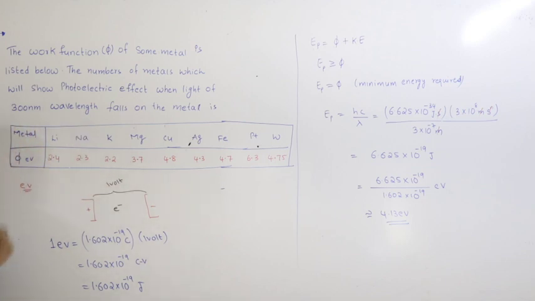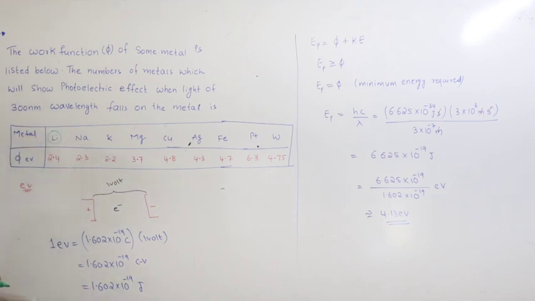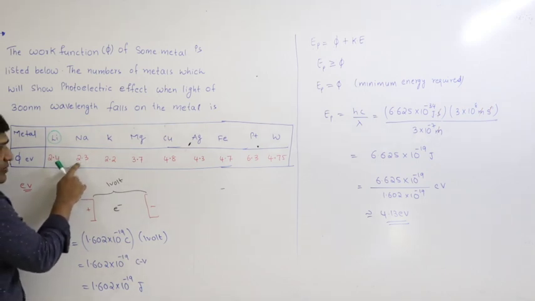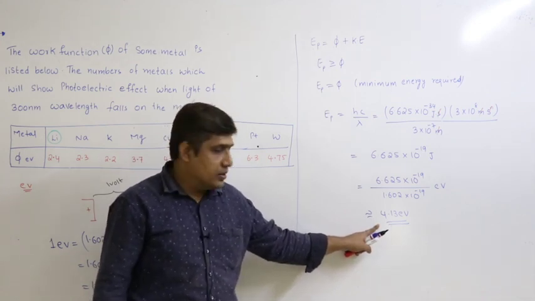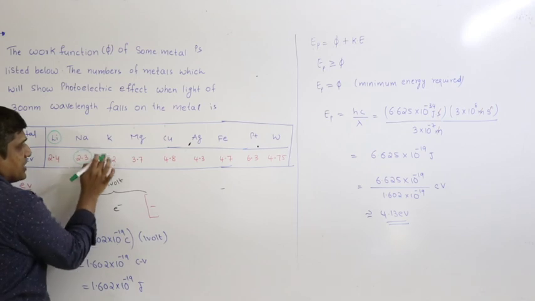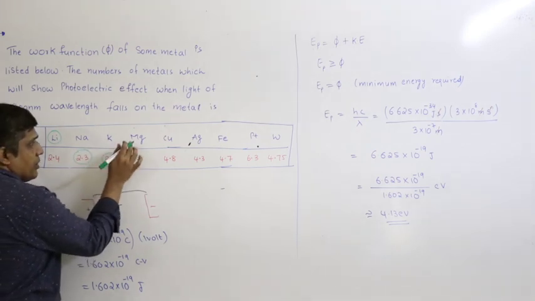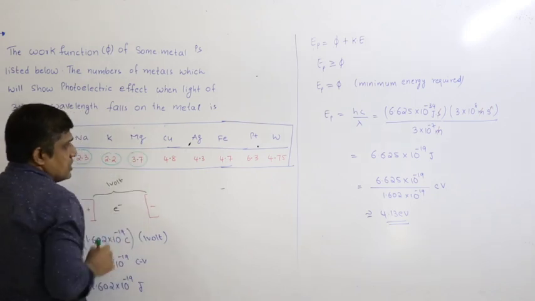Therefore, lithium will show the photoelectric effect, because the work function is less than the energy of the photon. Next, sodium. Sodium work function is 2.3, which is less than the energy of the photon. Therefore, sodium also shows. Potassium is much lesser, so it will show. Magnesium 3.7, which is less than 4.13, so it will show.